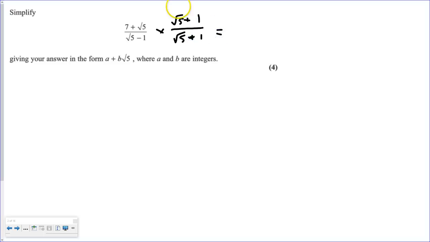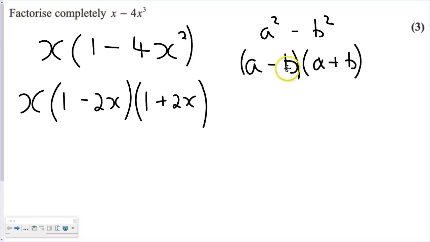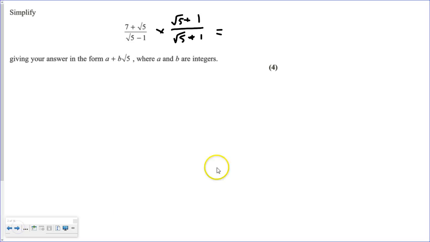Essentially timesing by this is like timesing by 1, it's just a more manipulative way of doing so. It's a bit like the difference of two squares we just looked at, except rather than have a squared minus b squared and try to factorise it, we have an a minus b and we times it by an a plus b to give us a squared minus b squared. This will eliminate any surds on the bottom of the fraction.